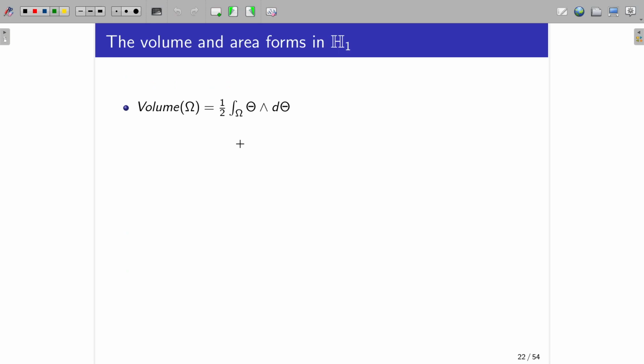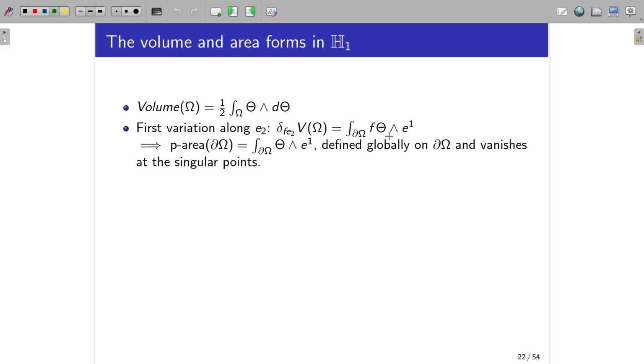Next we are going to recall the volume and the area forms and the relation between them. The volume of the domain is nothing but the three-dimensional Lebesgue volume, just the regular Euclidean volume. And as we mentioned before, if we make a first variation along the normal direction, we obtain the p-area.